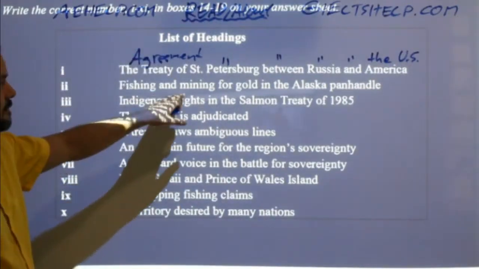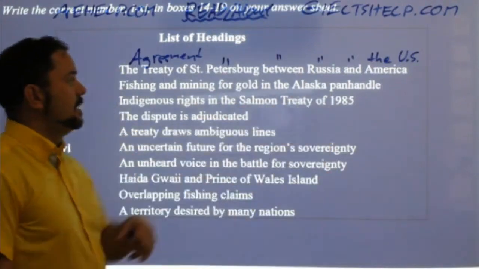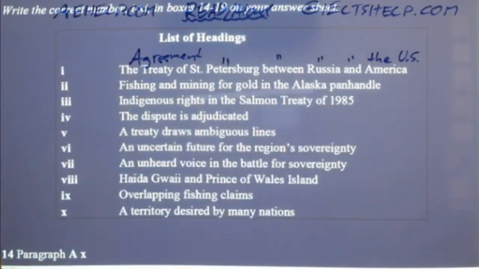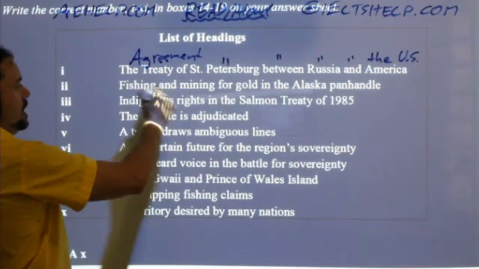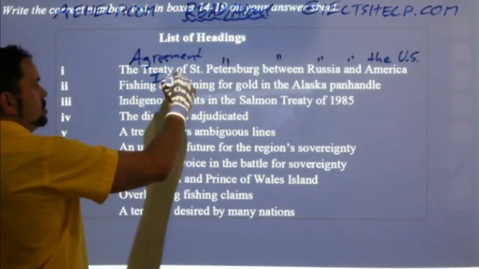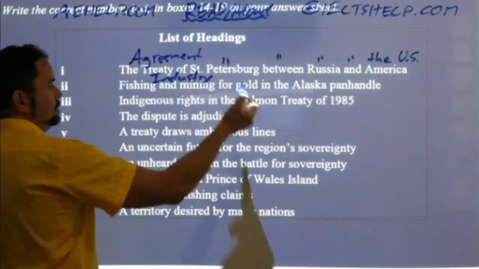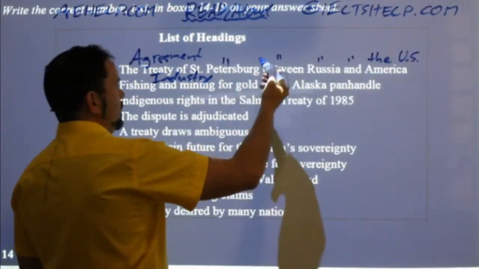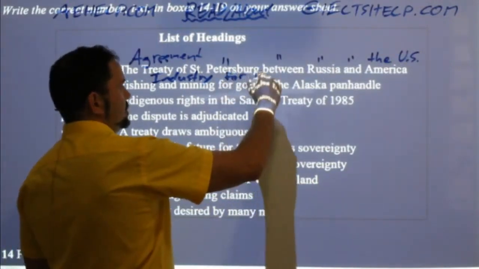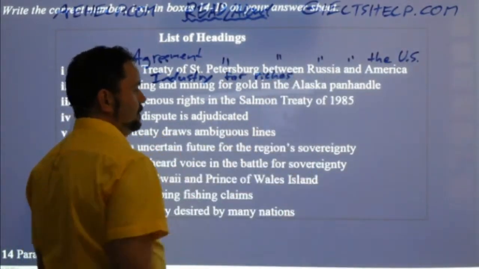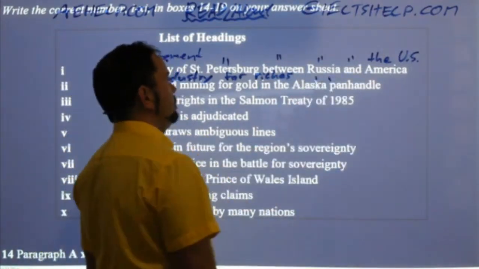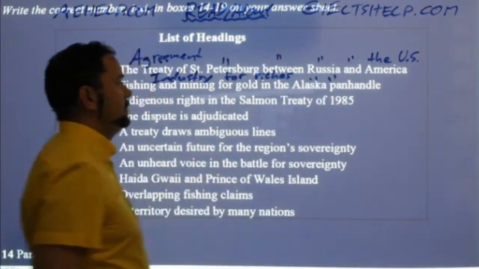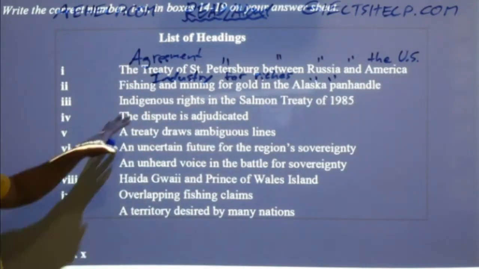Fishing and mining for gold in the Alaska Panhandle. Fishing and mining could be industry. For riches instead of gold in the Alaska Panhandle. That could be another way to paraphrase that.